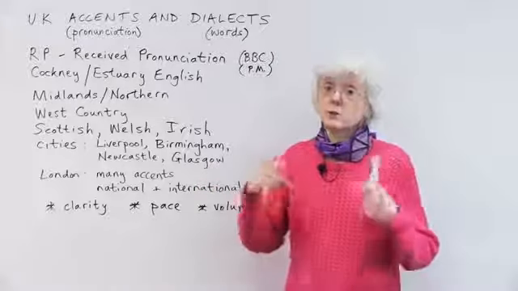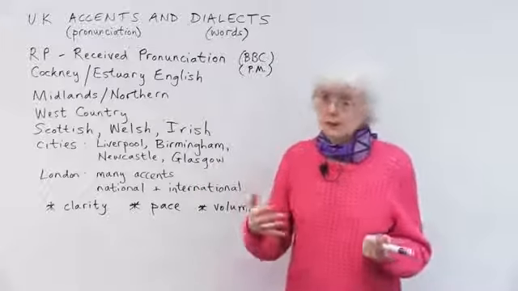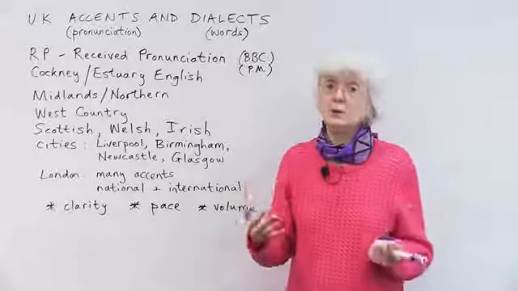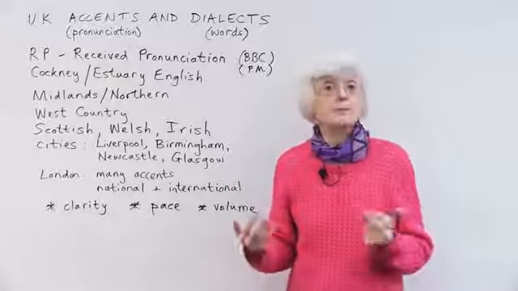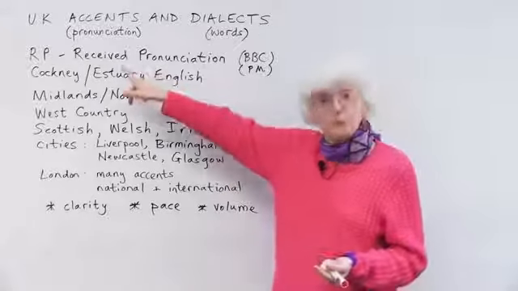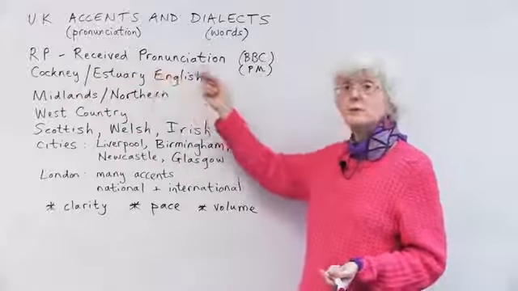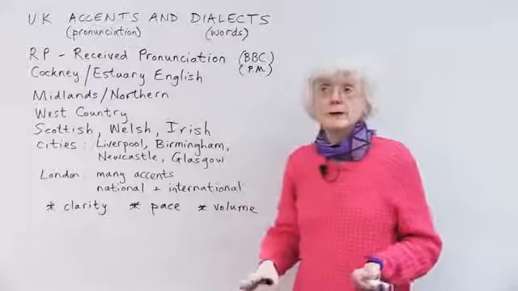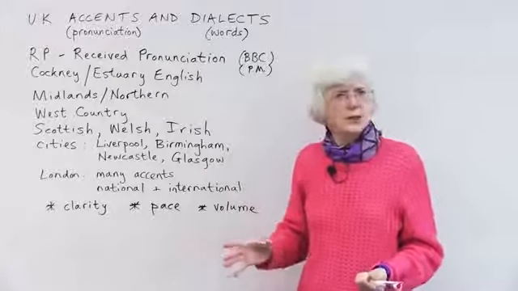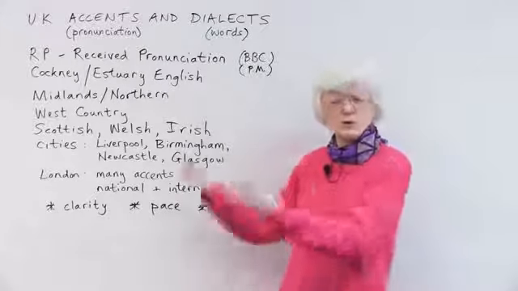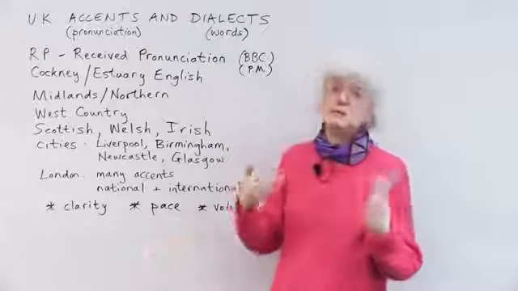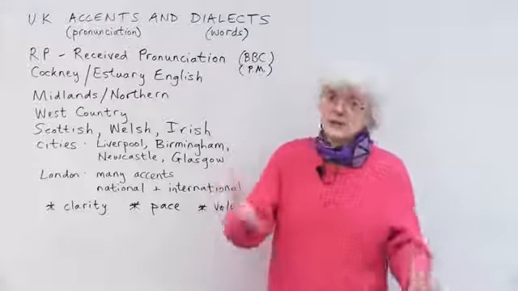The one that you're probably learning as you're learning to pronounce English words is RP. RP stands for Received Pronunciation. It's a slightly strange term, received. Where do you receive it from? Well, maybe you receive it from your teacher.